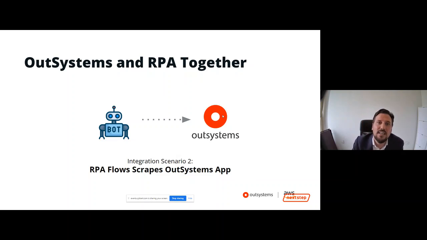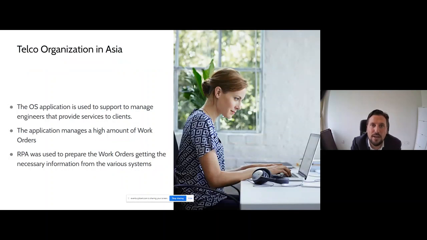I can see examples here within Asia as well, where RPA bots provide the information necessary for the OutSystems application to work and create the desired outcome, making that process way more efficient. This is a use case that I see quite a lot.